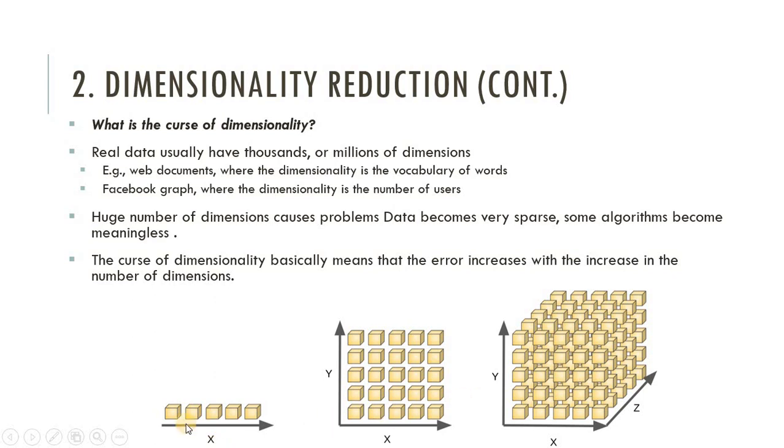It is something like having similar types of data values, and choosing a value is a very easy task. Second is two-dimensional data. In two-dimensional data, if we want to select one data point, we require two parameters, the x coordinate and the y coordinate, and based on those coordinates we can easily select a data point. So here the dimension is increased.